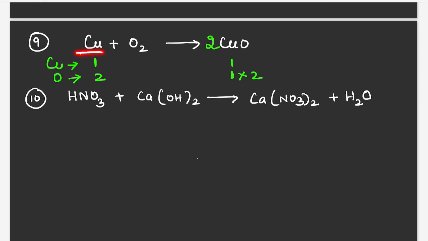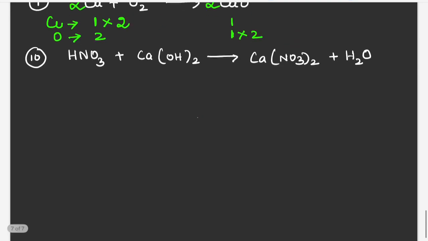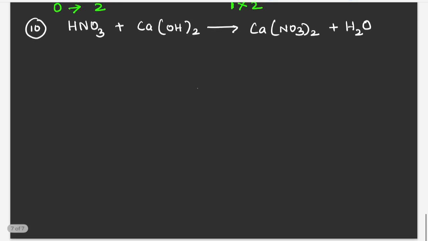So here I have 1 copper, but here it becomes 2 copper. So again I will have to balance copper into 2. Check once again. 2 times copper, 2 times copper atom, and then 2 times oxygen, 2 times oxygen. It is balanced.